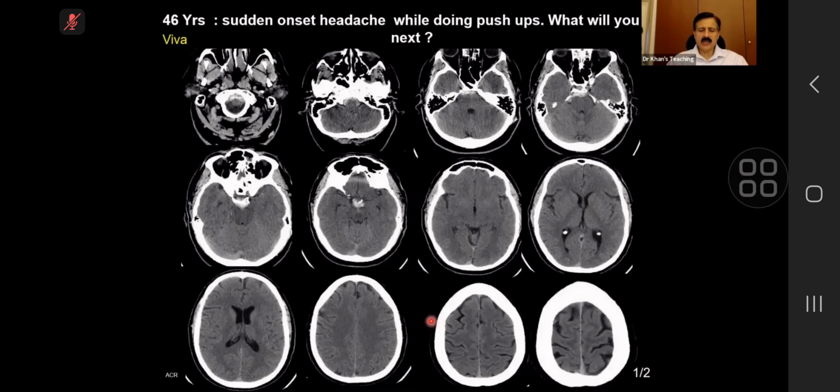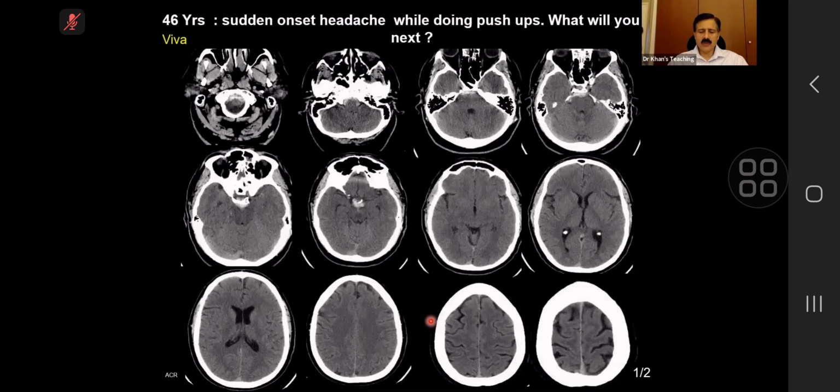And if the DSA is also negative, usually you do what we call a 4-vessel or a 3-vessel DSA, in which the vertebral, if the other PCA is also shown, is a 3-vessel. Otherwise, classically, you should do a 4-vessel DSA.